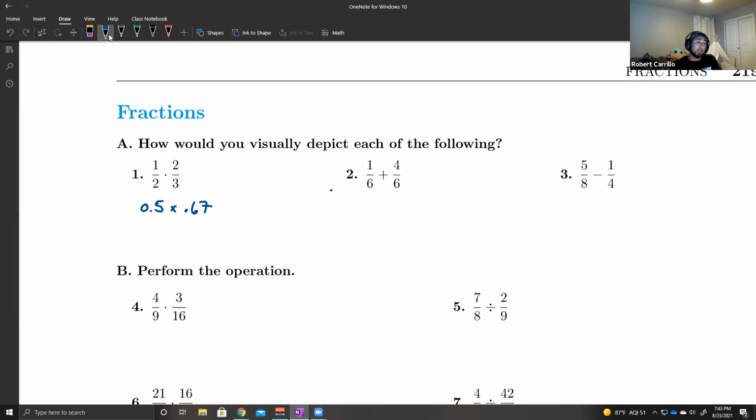So cooking's a great answer. You could say, hey, I need half of this recipe, so you would do 0.5 times 0.67. And like I said, we're not doing any math. We just want to know where we would see it. So I'm just going to say here, cooking.